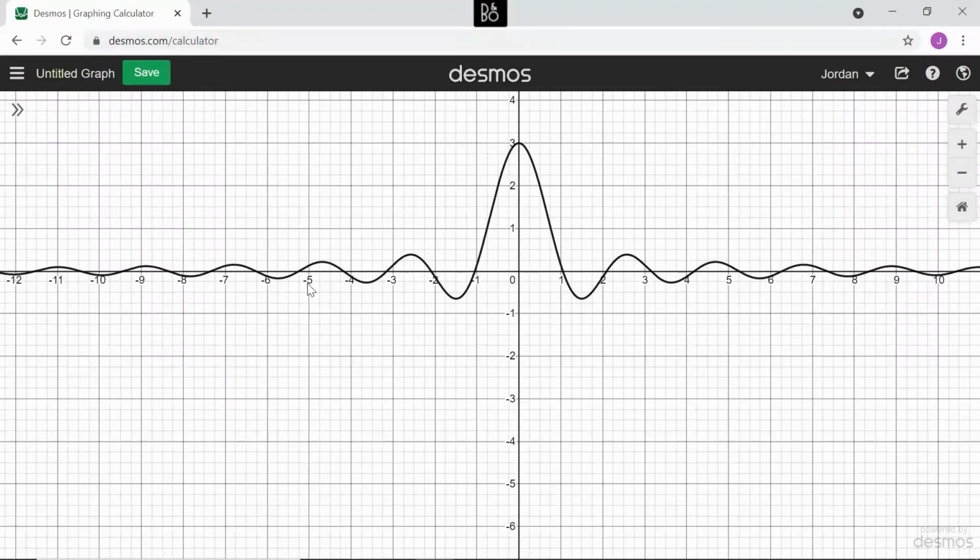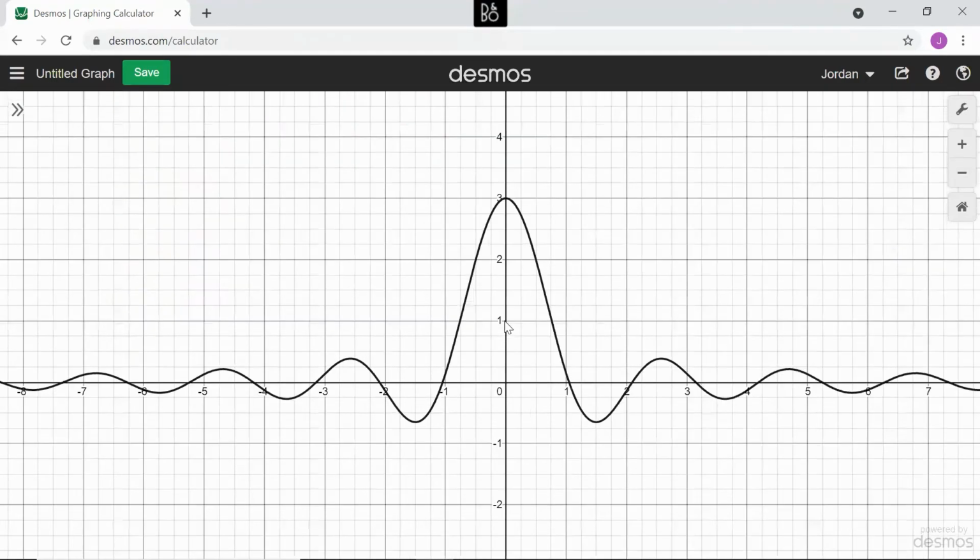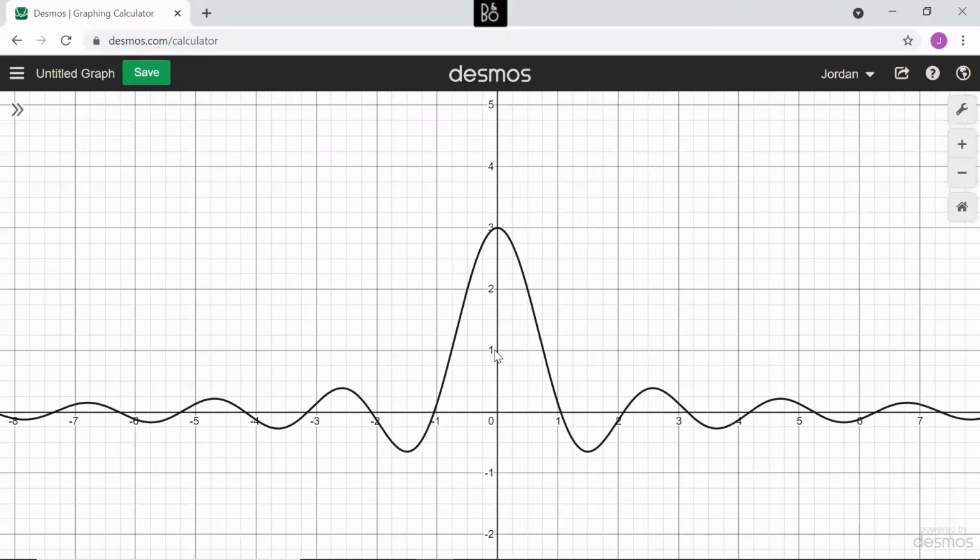Now, I graphed this function already. This function has a graph which looks like this in the black. And you can see that as you ride along this curve, and the x value is getting closer and closer to 0, the y value is getting closer and closer to 3.